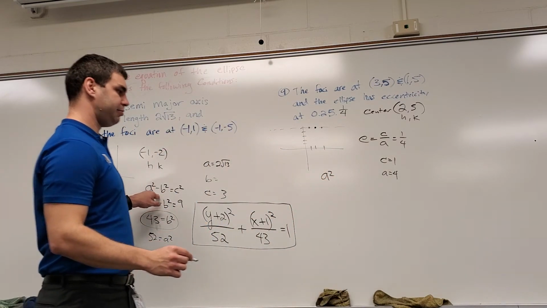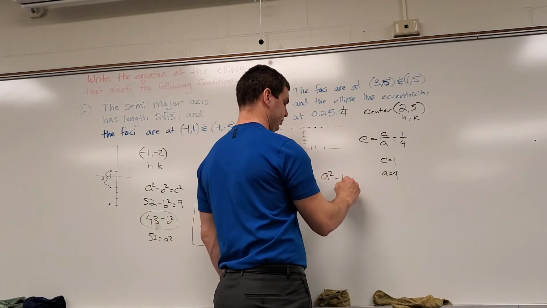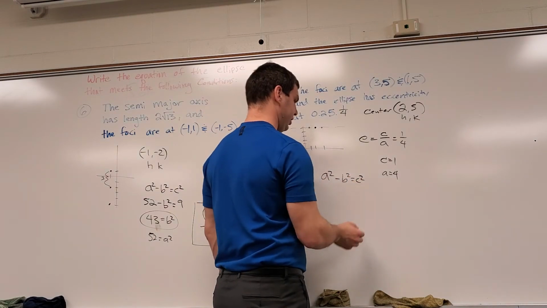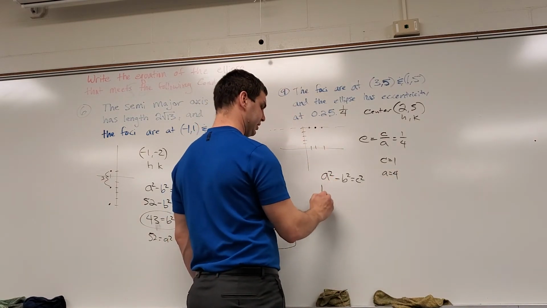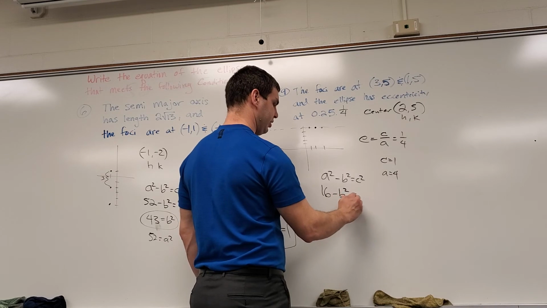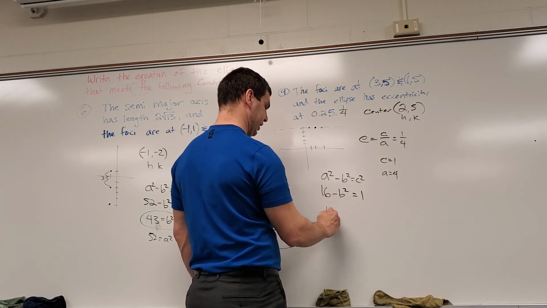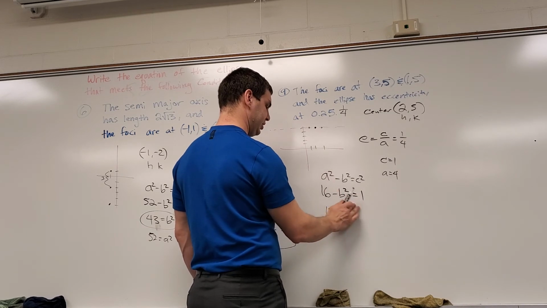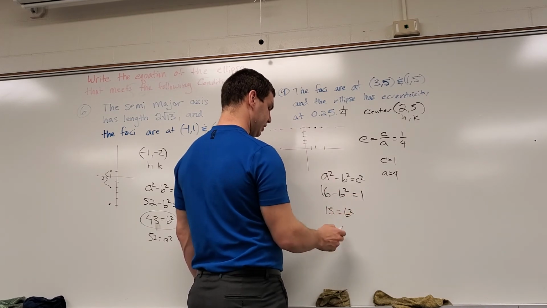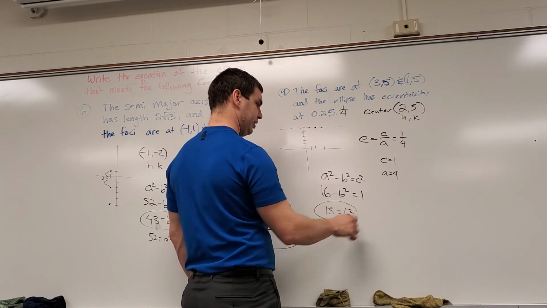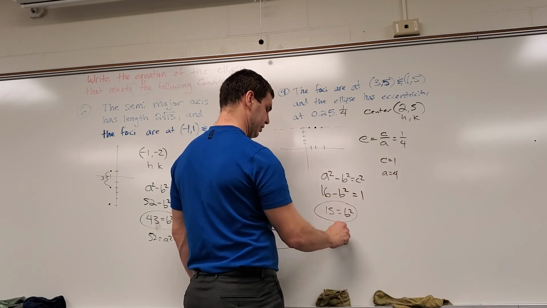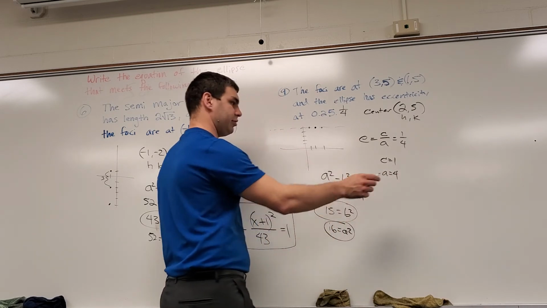A squared minus B squared equals C squared. Right? And if I fill in with what I know, A squared is 16. I don't know B squared, but I know C squared is 1. So if I subtract 1 over, I get 15, and add B squared to the other side, I get B squared. So 15 equals B squared. A squared would be 16. And that should be enough to write out my equation.